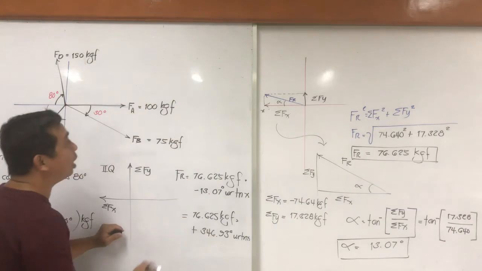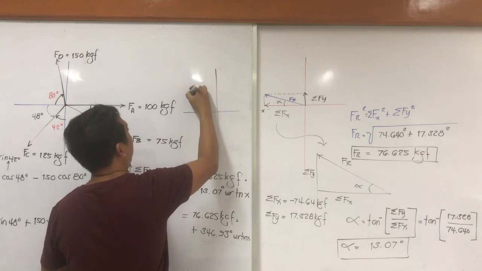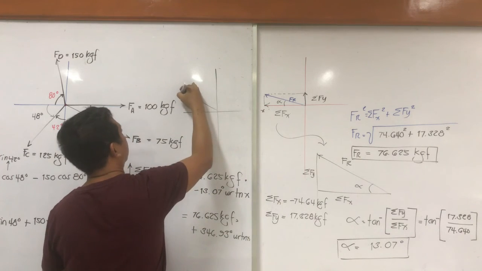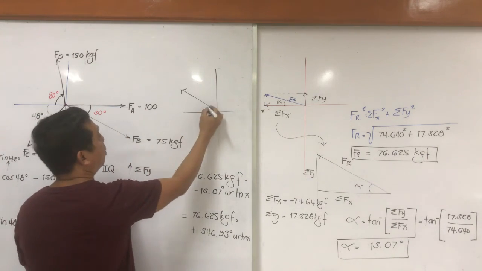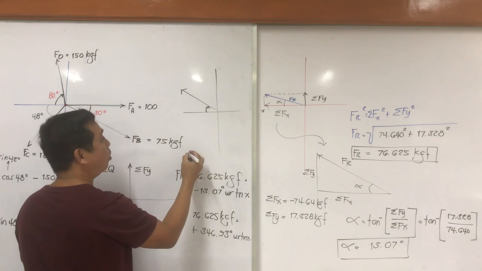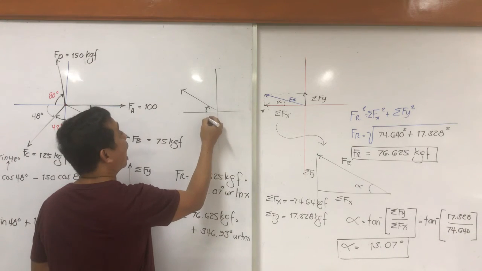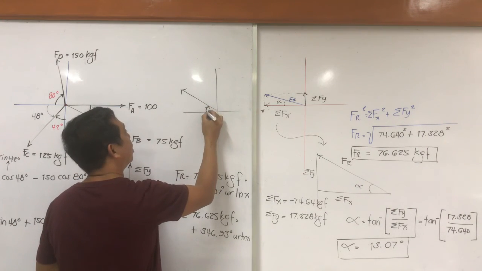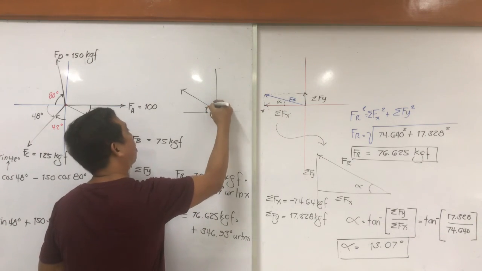Bakit ganun mga engineer? Dahil dito siya lumabas. Tapos ang angle na binasa natin pwedeng ito yun, o kaya naman yung sa kabila. Galing sa negative x-axis, papunta doon.